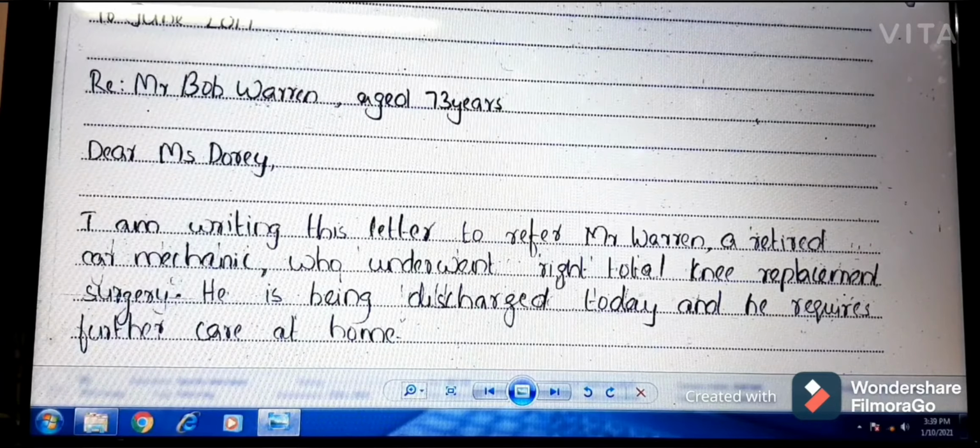So, simple present tense is wrong. Present continuous is correct. The last sentence of that paragraph, he is being discharged today and he requires further care at home, that is the purpose. So the purpose of the letter is well explained. There also the criterion regarding purpose of the letter is fulfilled.